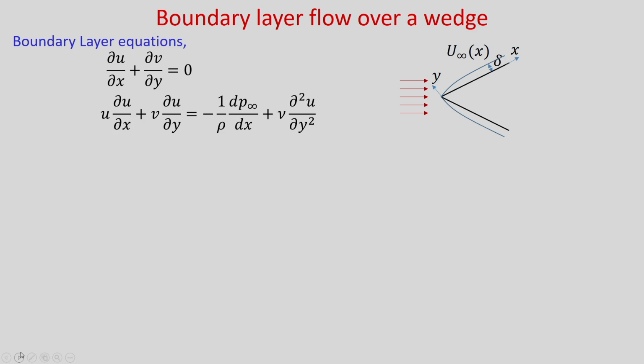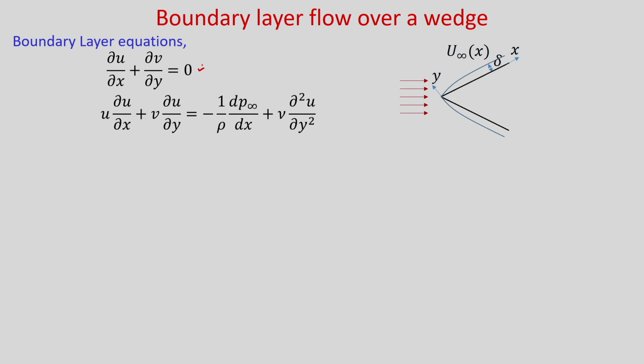Now, let us consider the boundary layer equation with the pressure gradient term, because we are considering boundary layer flow over a wedge. So, we should keep the pressure gradient term here, and let us write this in terms of the stream function. So, you can see this is the continuity equation and this is the boundary layer equation.